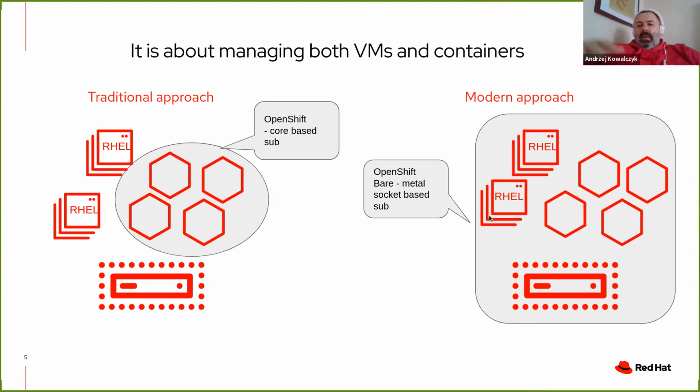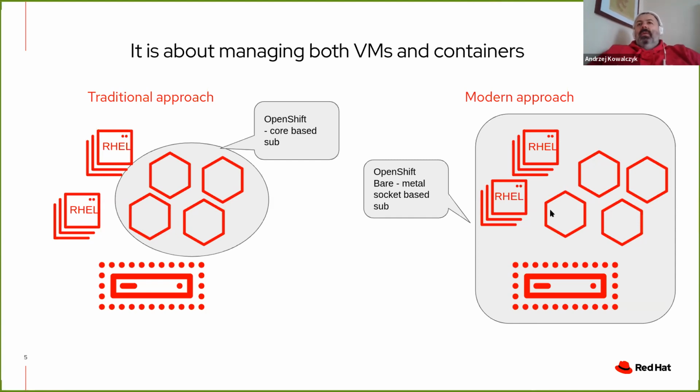So on one single platform, you can run VMs, as you can see on this picture on RHEL, but also Windows-based VMs. You can run containerized applications like Java, .NET Core, PHP and others, and databases.